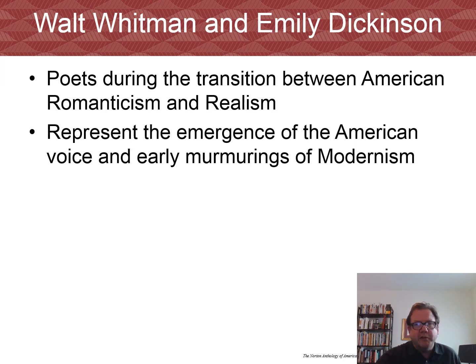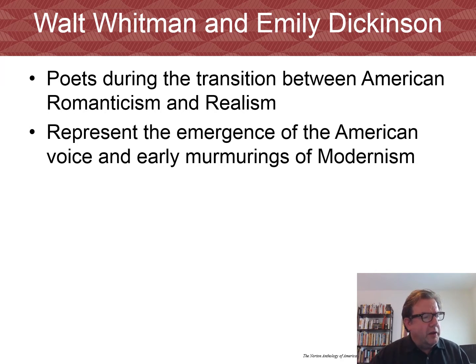So I'm going to give you a brief introduction to Whitman and Dickinson, the two poets that we're reading this week, and try to give you a little bit oriented toward their work and their perspectives. Both of these poets are considered transitional poets. They're writing during a period between American Romanticism, Transcendentalism, figures like Emerson and Thoreau, and Washington Irving earlier than that, and realism, which we'll see with Mark Twain and authors like Jack London, who are writing more in the tradition of representing things as they really are.